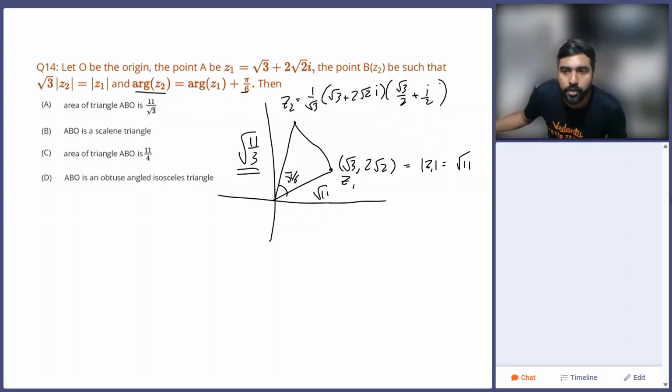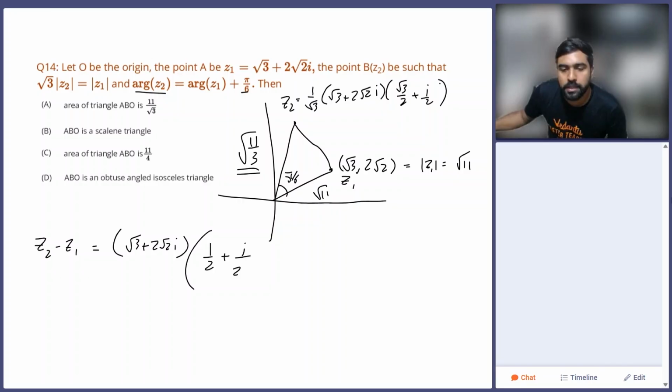Okay. So first of all, what is Z2 over here? Let's go for Z2 minus Z1 directly. Can I do directly Z2 minus Z1? Let's see. So this root 3 plus 2 root 2 iota, the same, multiplied by 1 by 2 plus iota upon 2 root 3, minus Z1, which is, hold on a second, have I messed something up?